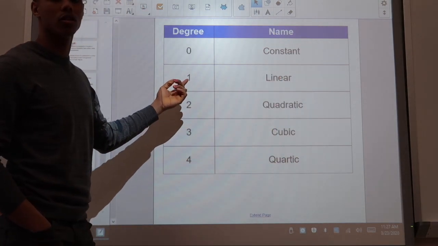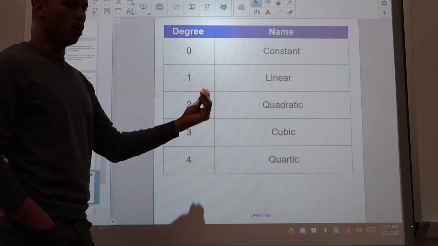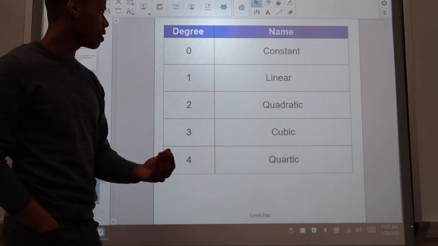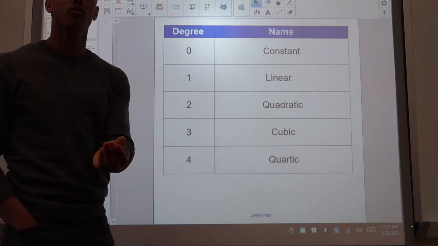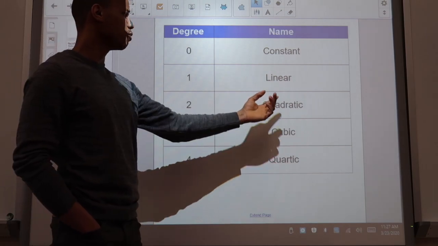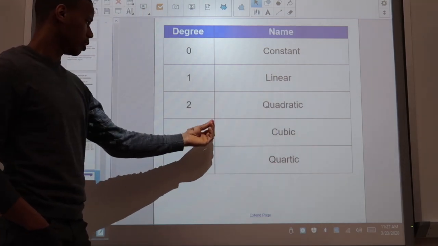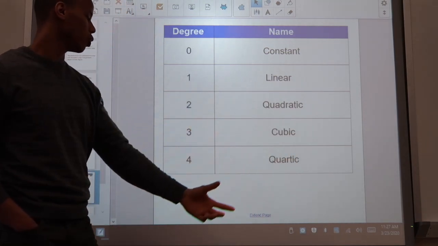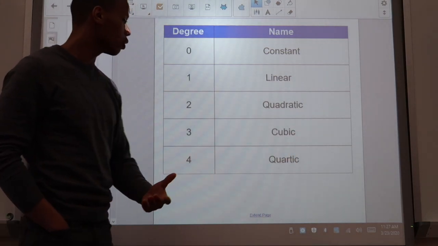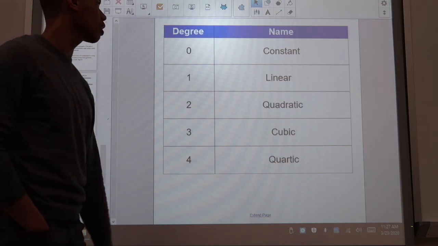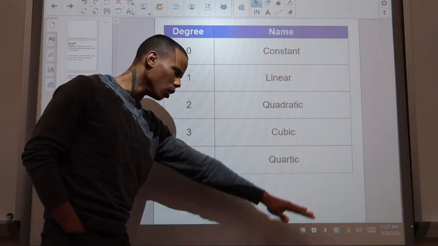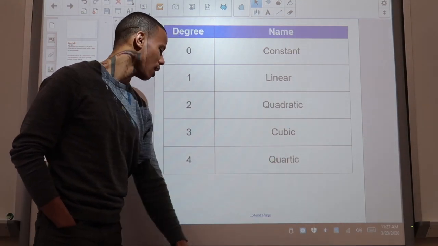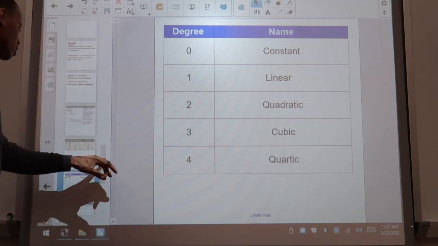When the power is to the first, which you have x to the first, that's just your regular y equals mx plus b, that'd be a linear function. Then if you have to the second power, it will be a quadratic, to the third will be a cubic, to the fourth will be a quartic, to the fifth will be a quintic. But I don't think in this class we'll get that far up, so that's fine.